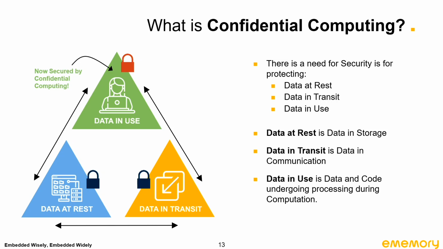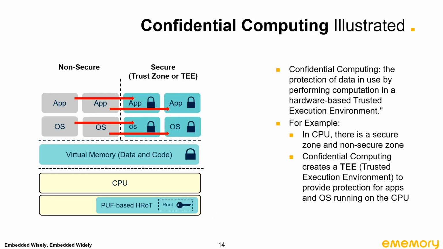Okay, so please turn to page 14. To understand how confidential computing works, please look at the left graph. For example, in the CPU, the figure of the CPU has a secure and a non-secure zone.